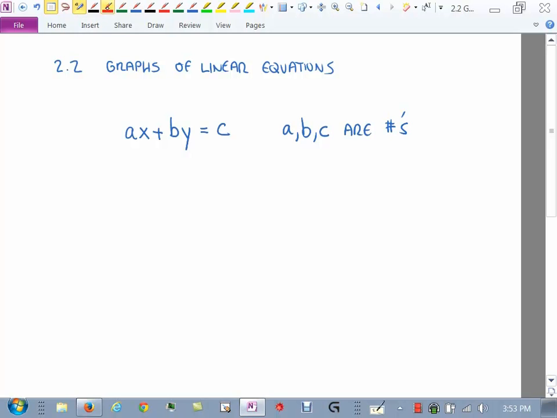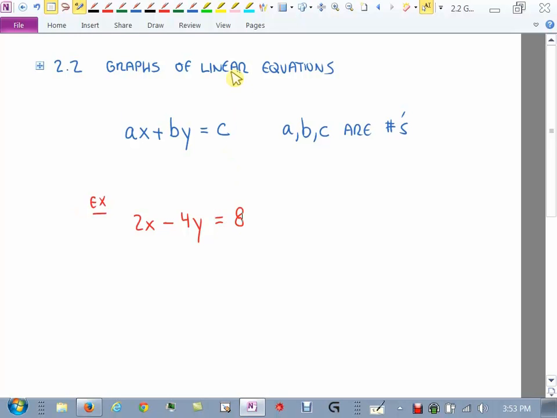So a specific example of a linear equation would be something like 2x minus 4y equals 8. So take a look at that. You have a number in front of x, you have a number in front of y, you have equals some number, right? So it's an equation because it has an equal sign.